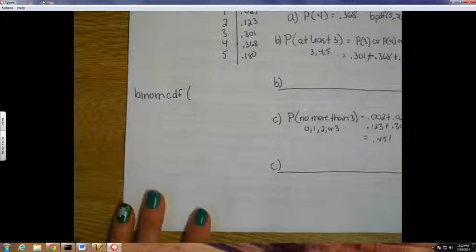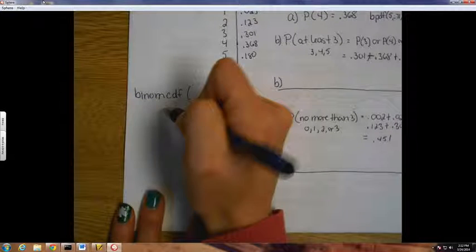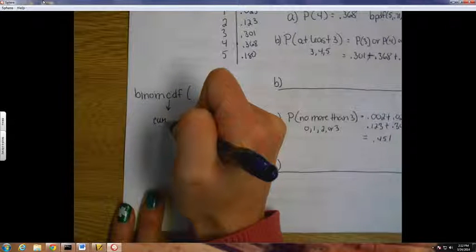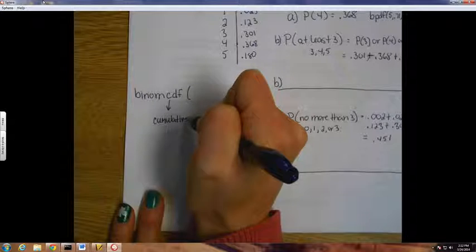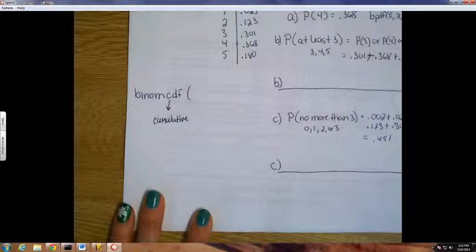C stands for cumulative. What does cumulative mean to you? Total them up. It adds things up. Cumulative. It adds up probabilities for us.